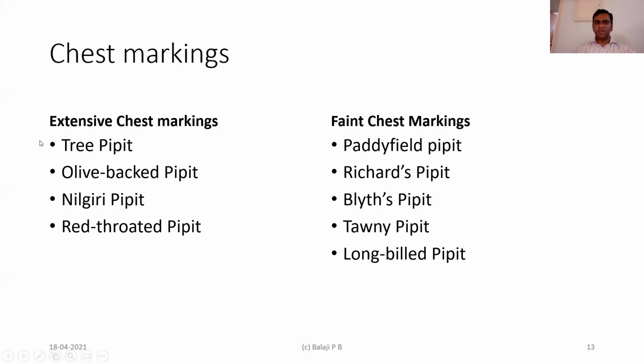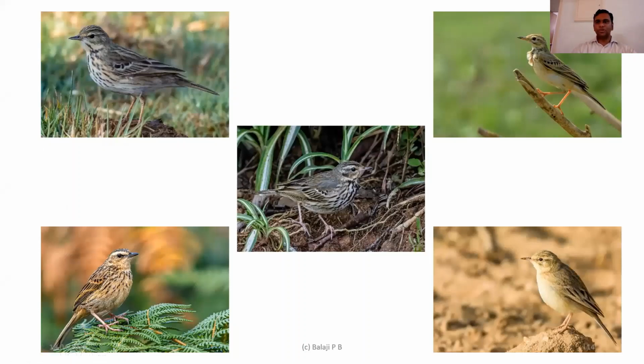So just for the sake of illustration, I'm showing a collection of images which show the chest markings. On the top left, you have the tree pipit. Bottom left, you have the Nilgiri pipit. The center, you have an olive-backed pipit. Top right, you have the paddy-field pipit.